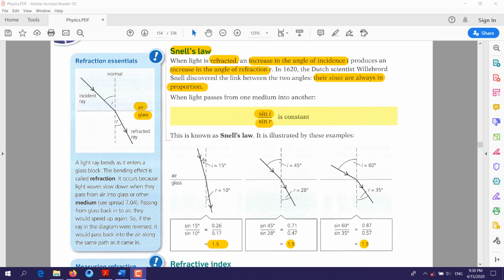Here, the incident angle is 15 degrees, and the refracted angle here is 10. He said these two angles are always in proportion. What does that mean? If this one increases, this one also increases.